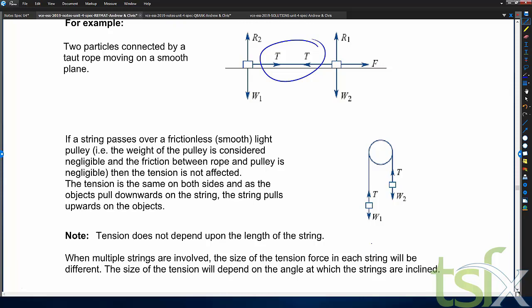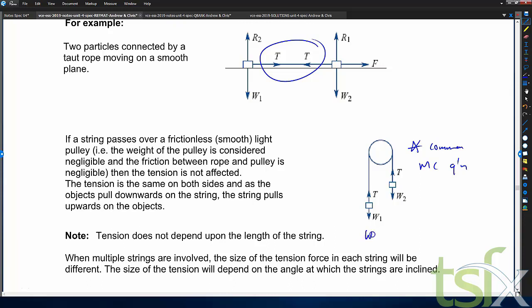Now this is a common multiple choice question. So please don't get it wrong. The wrong answer is actually there. All right. So let's just think about that. Which one do you want to be heavier? W1 or W2? Right, because it's lower.